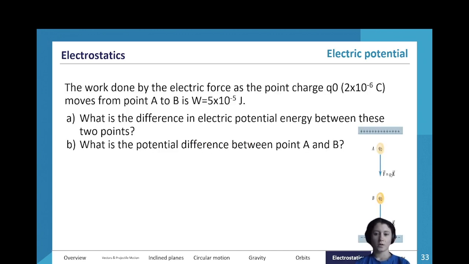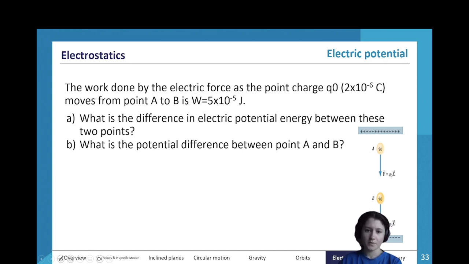So, the work done by the electric force as the point charge Q0, 2 times 10 to the negative 6, moves from point A to B, is work equals 5 times 10 to the negative 5 joules. We need to find what is the difference in electric potential energy between these 2 points, and what is the potential difference between points A and B.